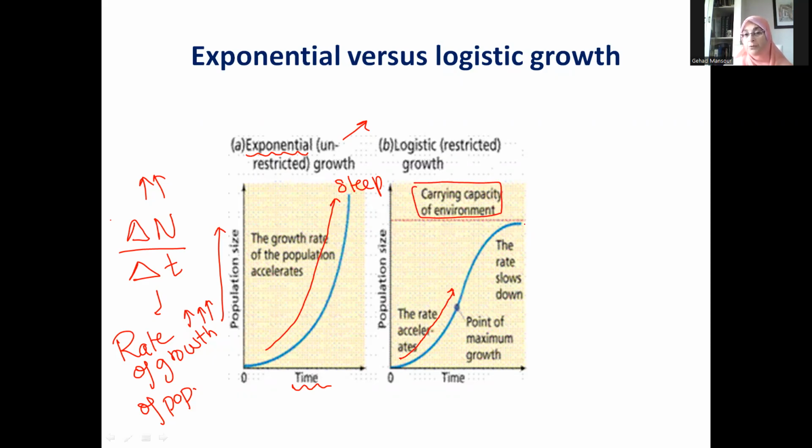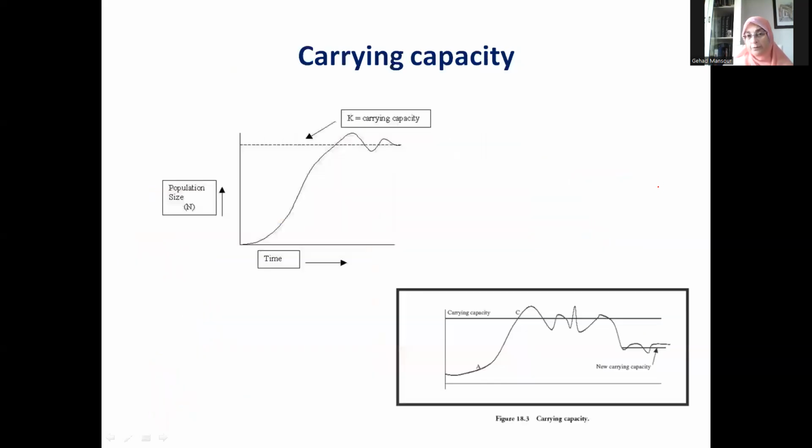We'll find that the rate will slow down, and we will reach a phase where we have no increase in the population, meaning that delta N over delta t is 0. There is no change in the number of individuals as time passes, and maybe afterward you would have a negative slope of the curve, because the individuals are decreasing in number.